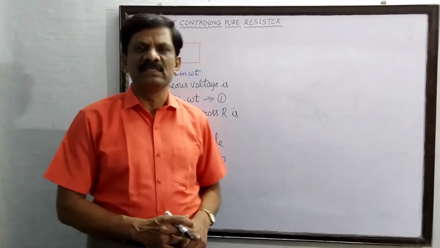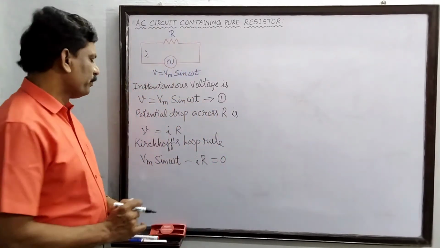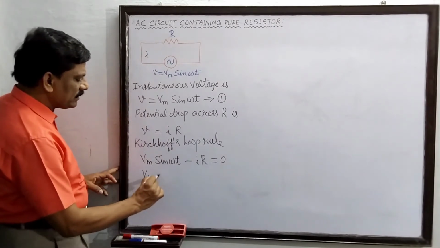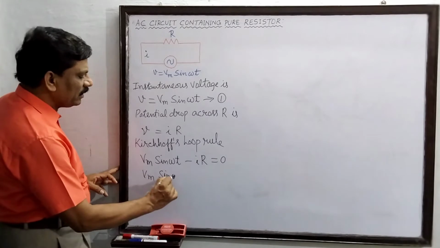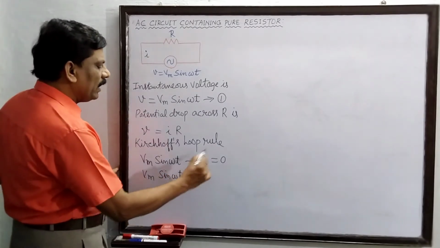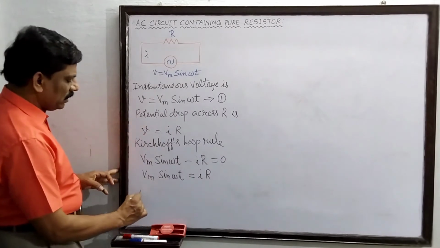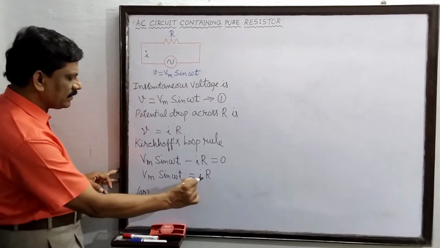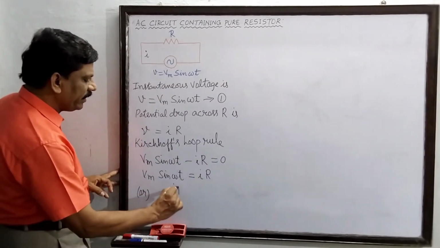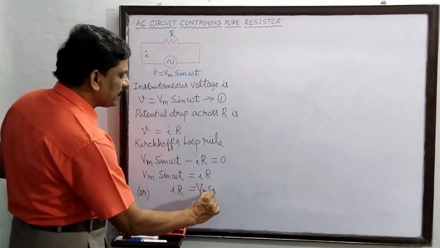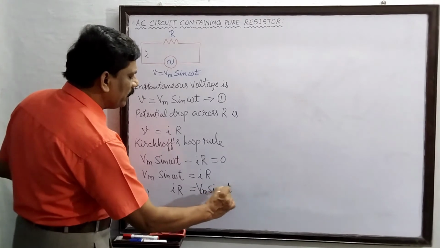This is from Kirchhoff's second rule, or loop rule. So Vm sine omega t is equal to iR, or iR is equal to Vm sine omega t.